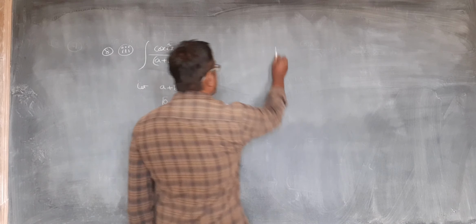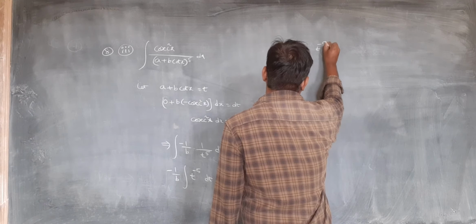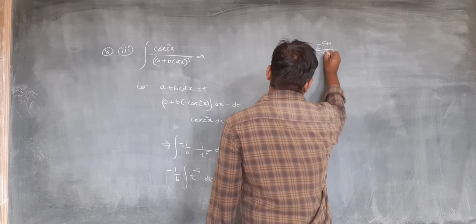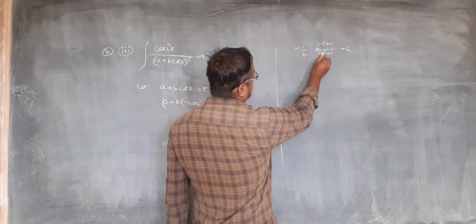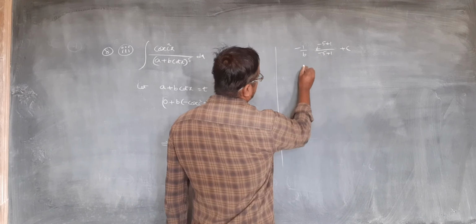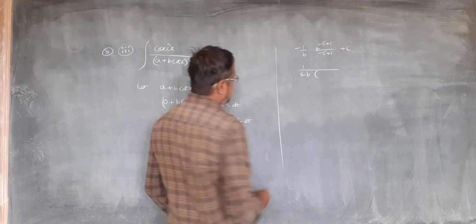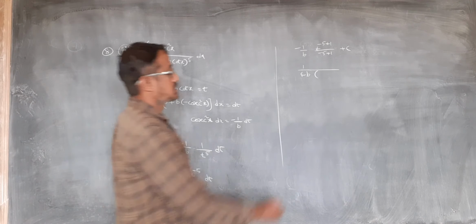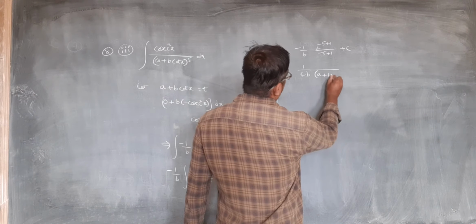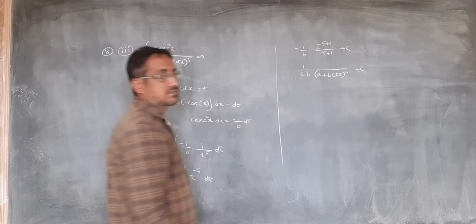So this is minus 1 by d into t power minus 5 plus 1 by minus 5 plus 1 plus c. So you will get minus 4. So 1 by 4b into where t is a plus b cot x, a plus b cot x whole power 4 plus c.